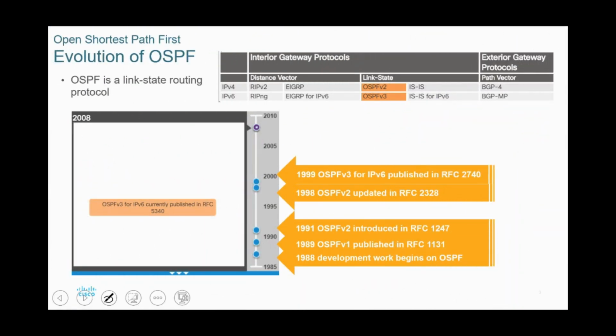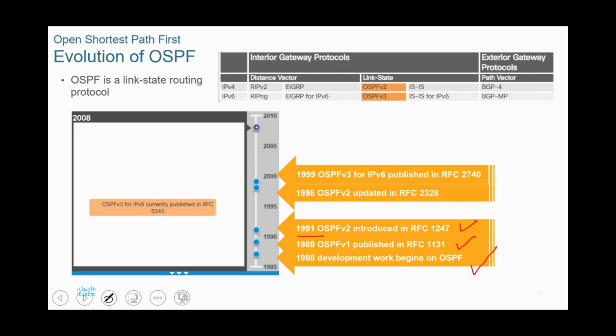Okay, so let's look at the evolution of OSPF. In 1988, development work began on OSPF, which is Open Shortest Path First, a dynamic routing protocol. In 1989, OSPF version 1 was published in RFC 1131, and in 1991, OSPF version 2 to support IPv4 was introduced in RFC 1247.